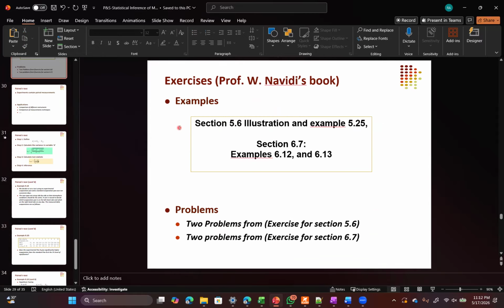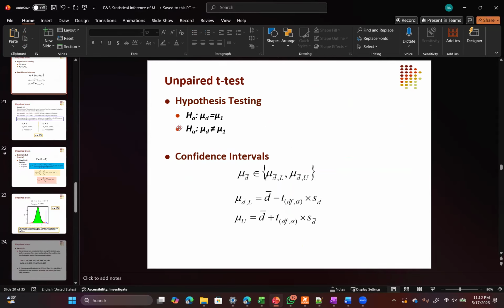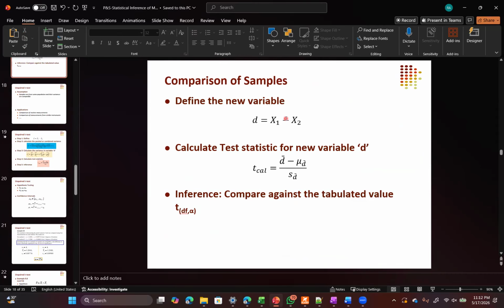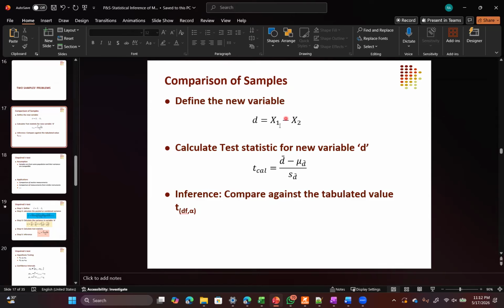However, the complete procedure will remain the same: we will define the difference variable, then go for the test statistic calculation, then have the inference, and over here the calculation of degrees of freedom would be different. There is sometimes a weird or special equation that shows up while going through those problems.